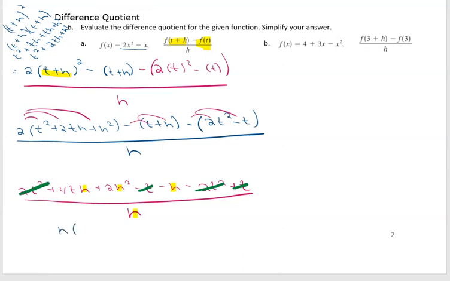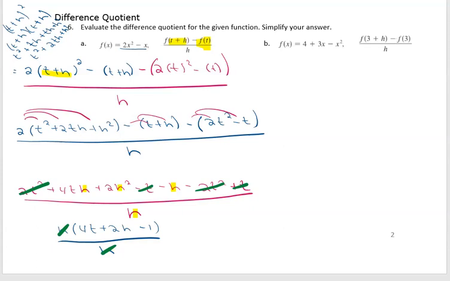And if you don't have an h for every piece, then you can't pull an h out of everything. So if we pull an h from 4th, that will give us 4t. If we pull an h from 2h squared, that will give us 2h. And if we pull an h from minus h, that'll just give us negative 1. And the reason we want to do this is because that's going to cancel right here.